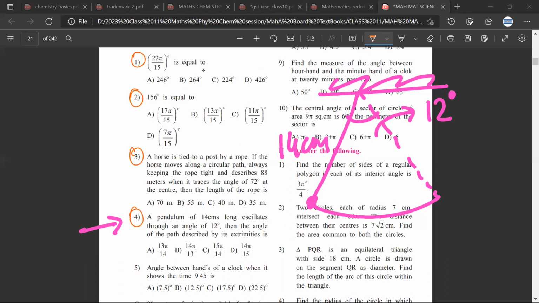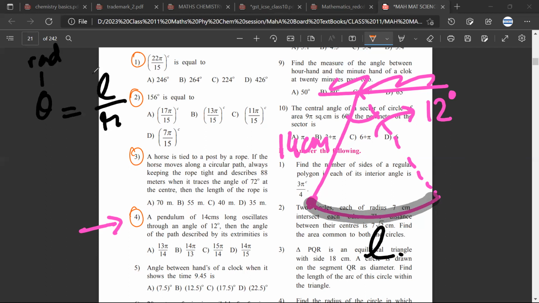So what they are asking is the length of the arc. Again, theta is equal to L by R, and theta would be in radians. 12 degrees converted to radians is pi by 15 radians.